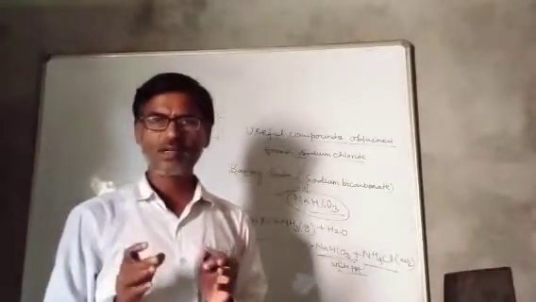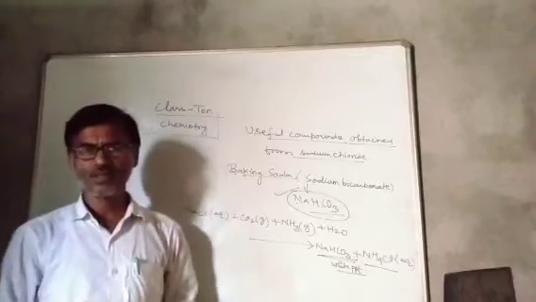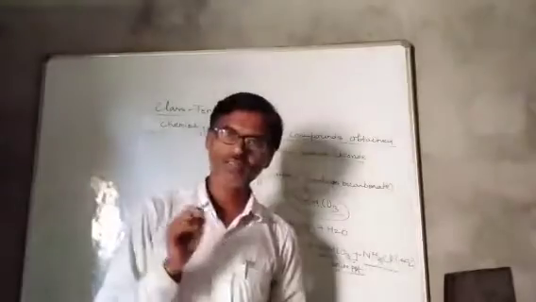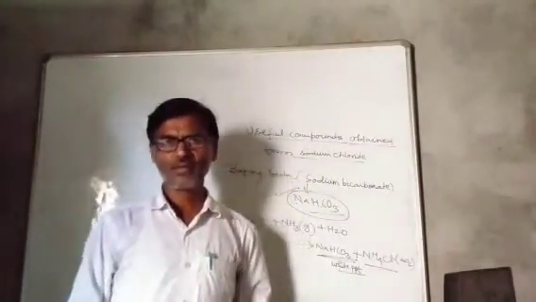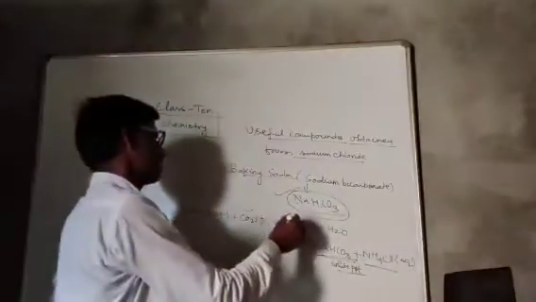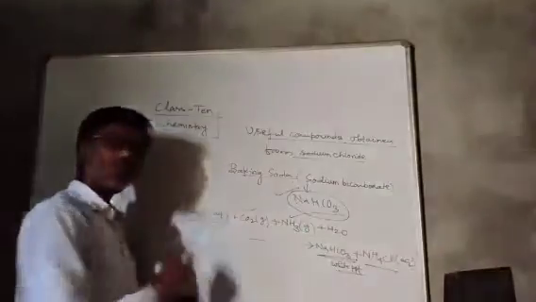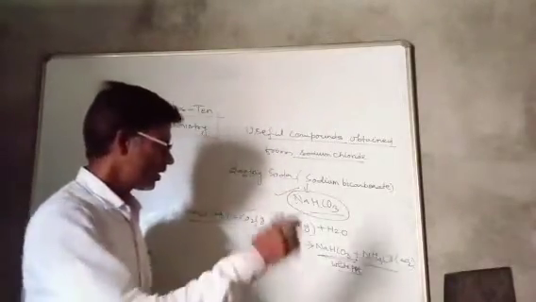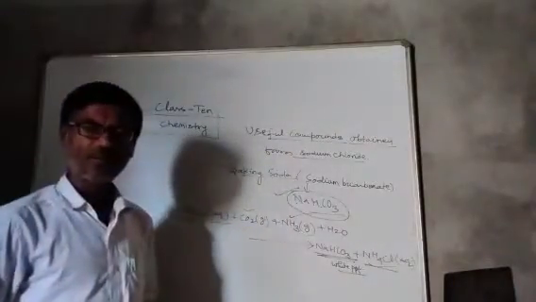On a larger scale, baking soda is prepared by the reaction of carbon dioxide and ammonia gas with cold concentrated brine solution. When ammonia gas and carbon dioxide gas are passed simultaneously into cold concentrated solution of sodium chloride, sodium hydrogen carbonate and ammonium chloride are formed as products.